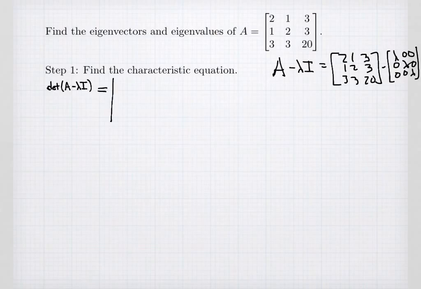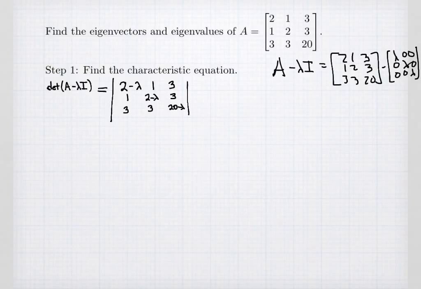You can actually go straight to this if you want. We're going to take the determinant of 2 minus lambda, 1, 3, and then 1, 2 minus lambda, 3, and 3, 3, 20 minus lambda. We're calculating that determinant. And notice that I used straight bars, not brackets, because I'm calculating a determinant.